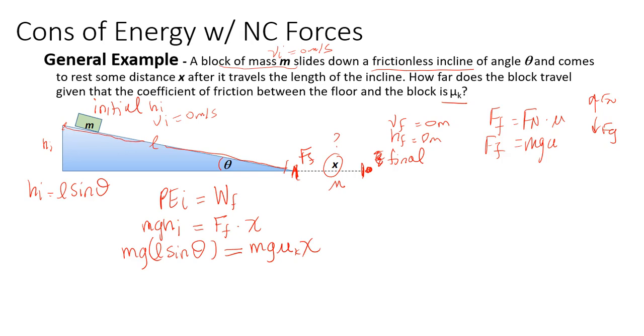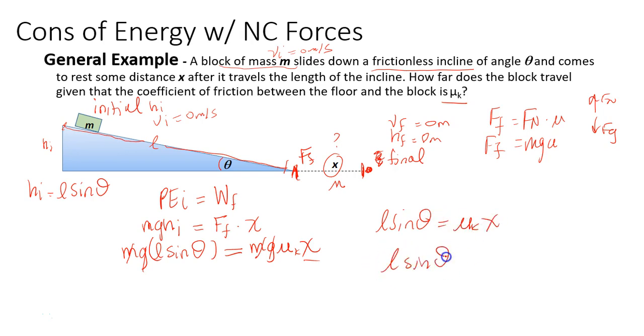So essentially the answer is basically solving for x. It looks like this. You can cancel out the masses and g. So what you get is L sine of the angle is equal to mu k x.